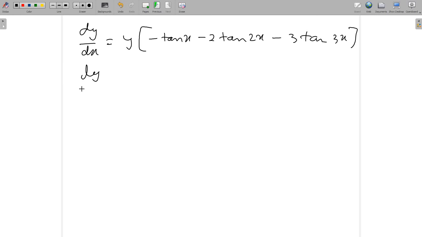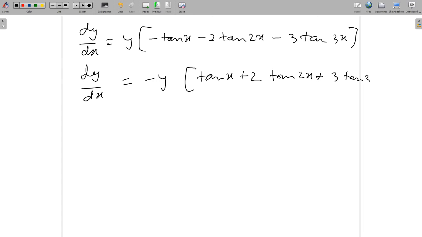dy by dx is equal to minus y into tan x plus 2 tan 2x plus 3 tan 3x, where also this is very important, we have to write where y equal to, because either you have to write the value of y here, because dy by dx should be in terms of x, or you have to put the value of y.